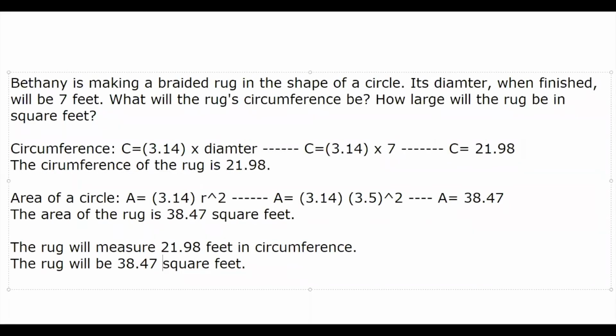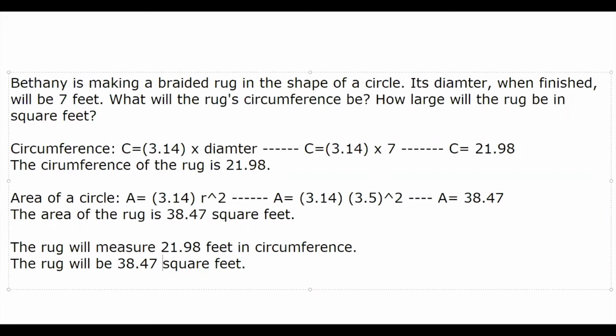Okay, so like I said, I didn't give you guys the area of the circle in the beginning, but it is on your classwork sheet. It's just pi, which is 3.14, like I said that we're using in the video, times the radius squared. But for the circumference, we have to find that first, which is 3.14 times the diameter.